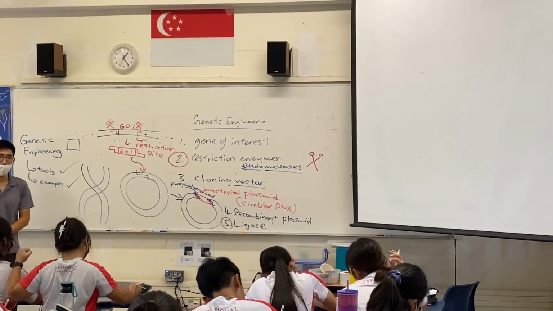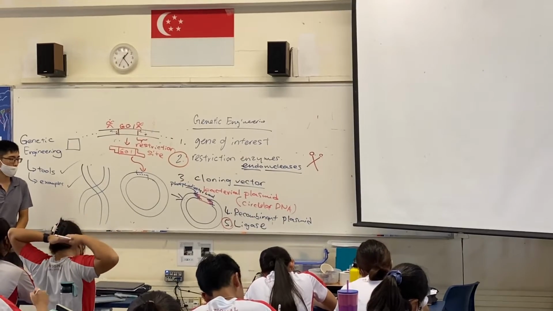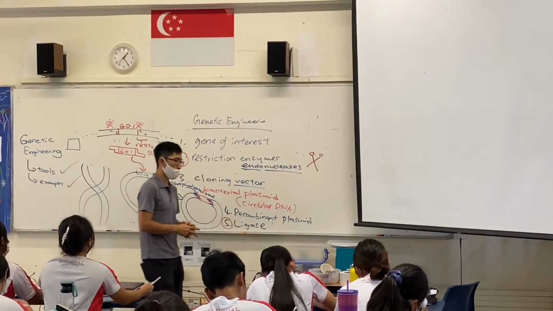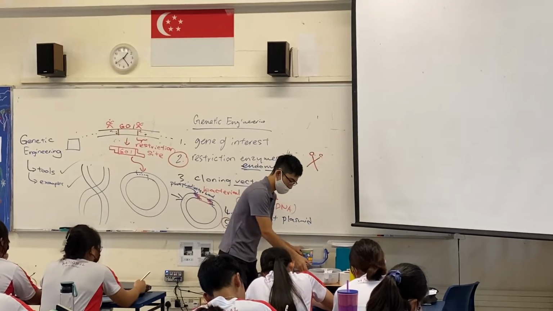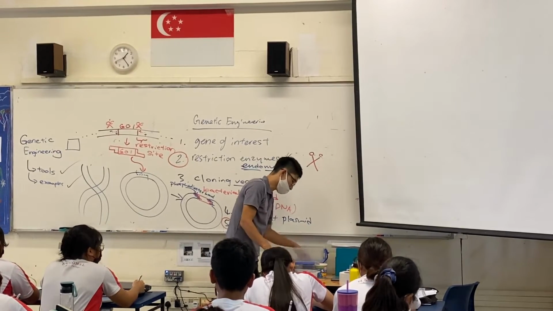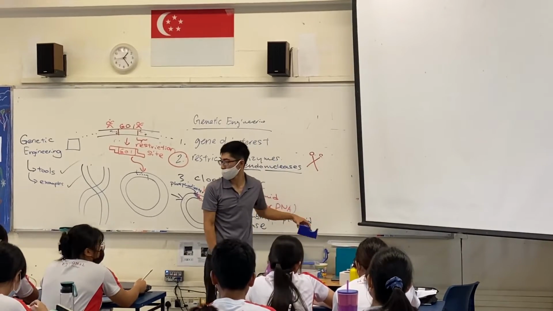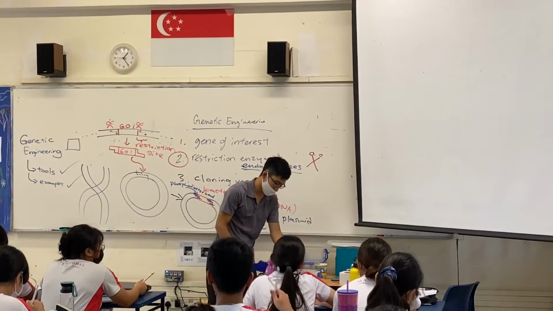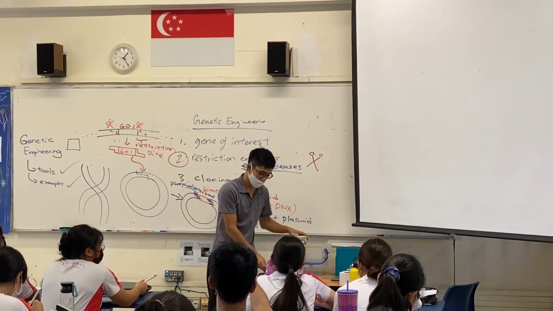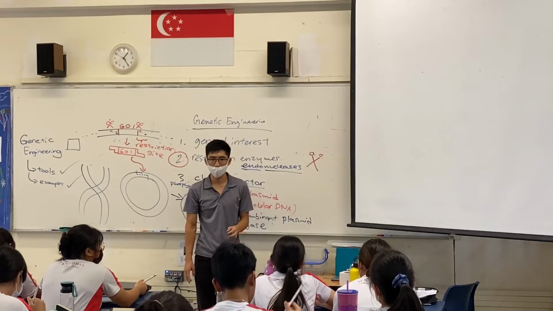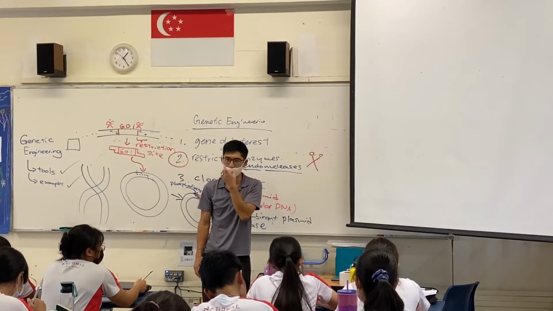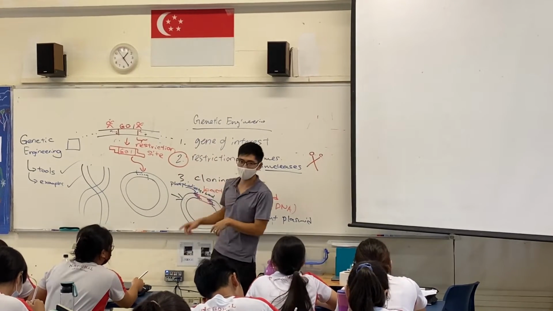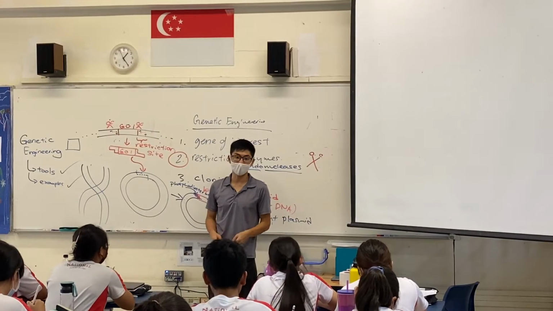Then we introduce some other ones like plasmids and so on and so forth. Correct. They catalyze the formation of phosphodiester bonds. Restriction enzymes break phosphodiester bonds in order to cut.